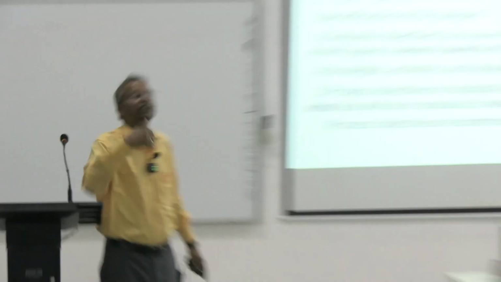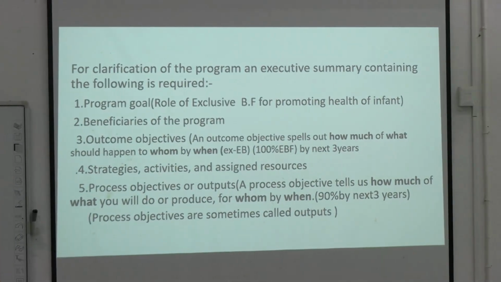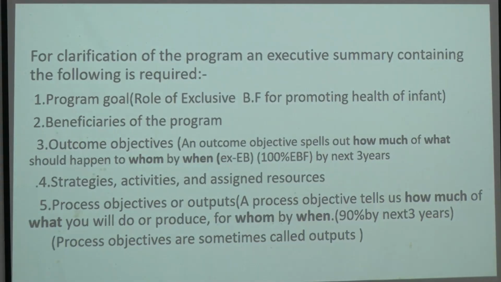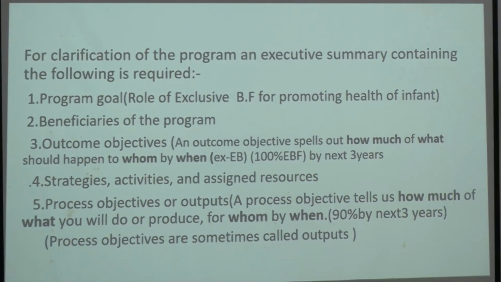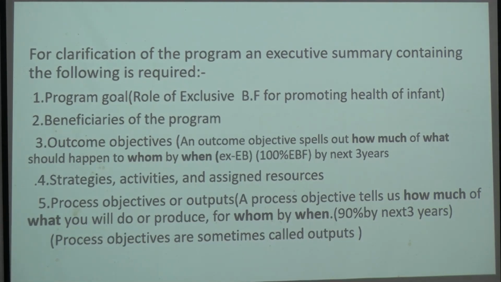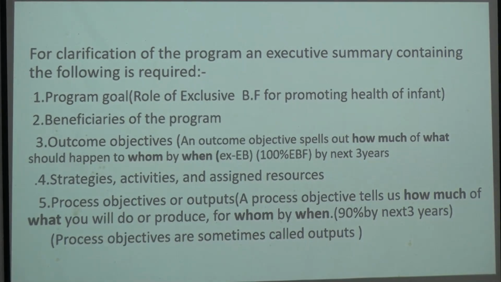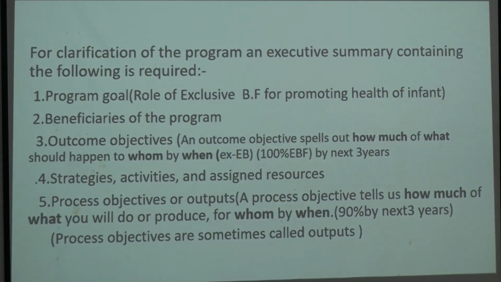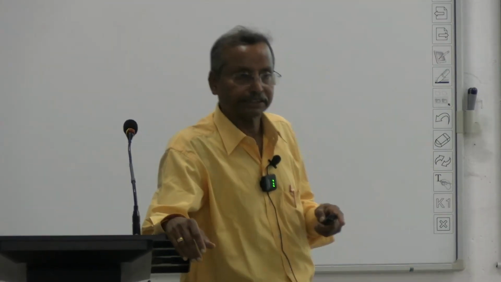Program goal: improvement of the health of the infant by practicing exclusive breastfeeding. That is the goal. We have to know that, because the program was implemented according to the goal. So we have to know the goal. Until and unless we know it, we cannot assess it.